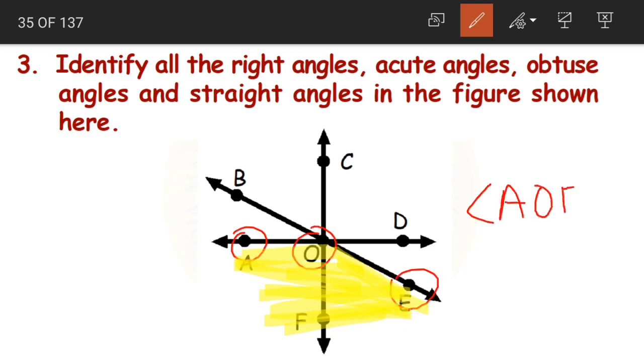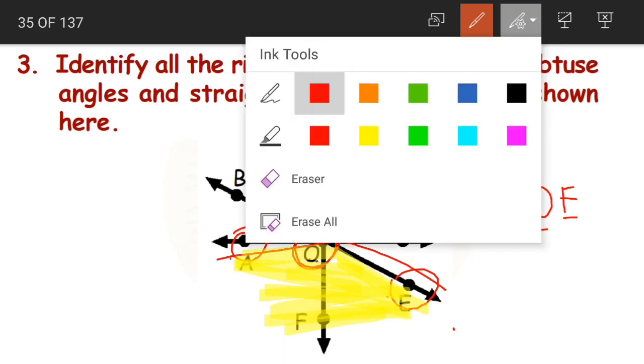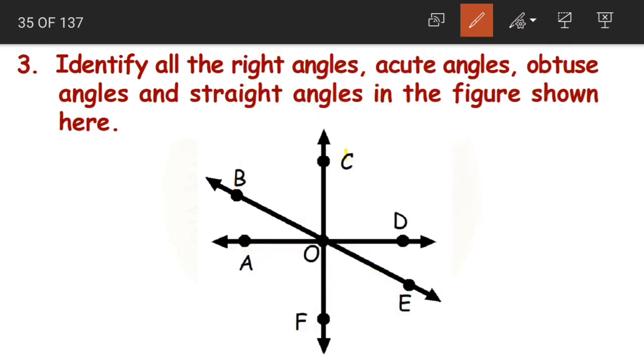What is the rule for writing the angle name, children? We have to keep in mind that the alphabet representing the vertex comes in the middle, angle AOE or angle EOA. Now coming to the other one here, from here to here. Yes, and then we also have this one.